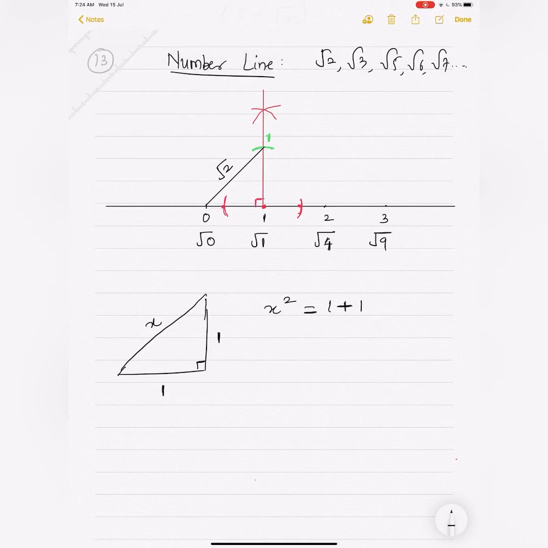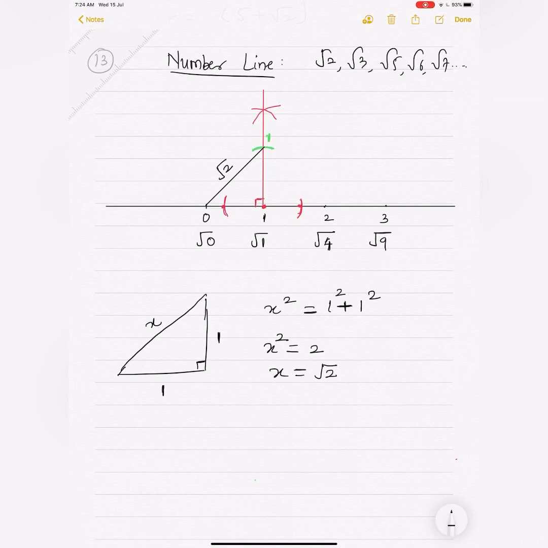So x squared is equal to 2. So x is equal to root 2. So we'll get x is equal to root 2 here. That's how.